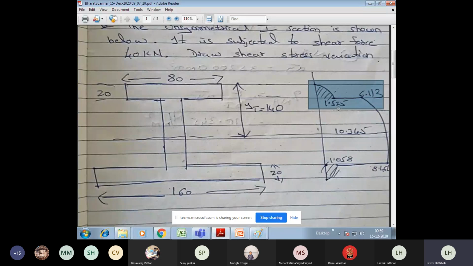At the junction, first it was 1.525. What is 1.525? It is the shear stress, in megapascal, Newton per mm square. And once it has entered the web, at the same position, the stress abruptly increases to 6.113. Am I correct? At the same line. First it was 1.525, and once it has entered the web, it has gone to 6.113.